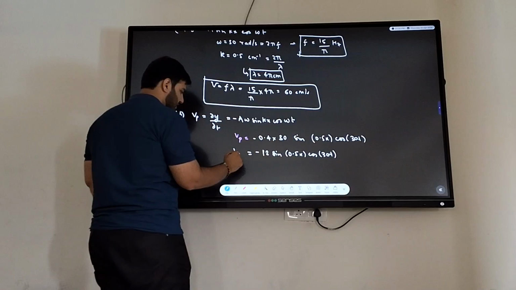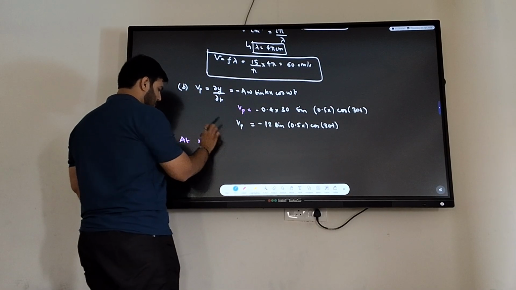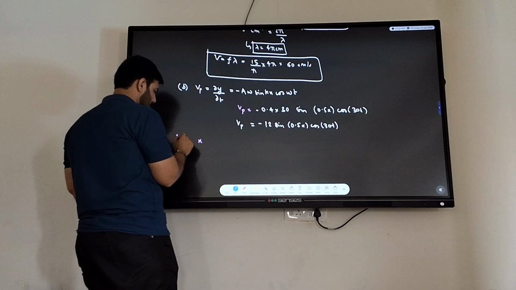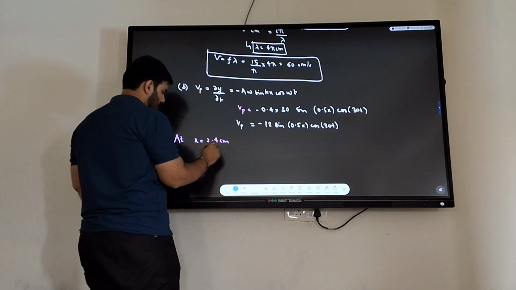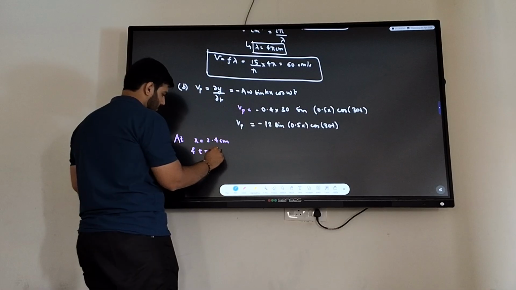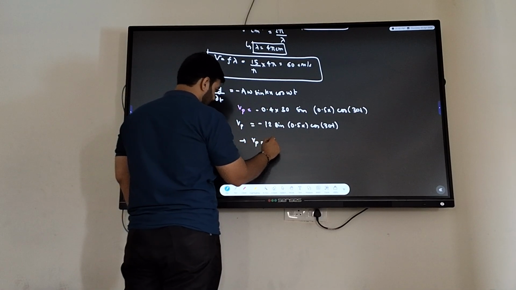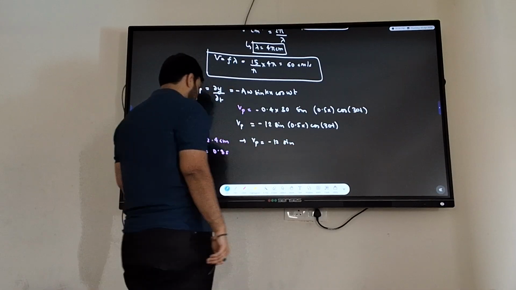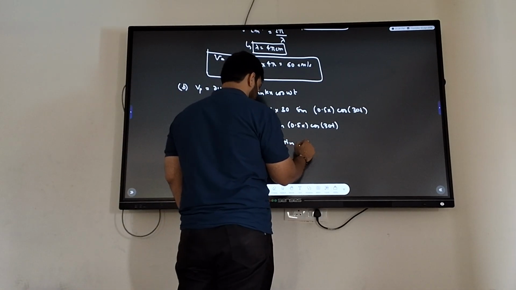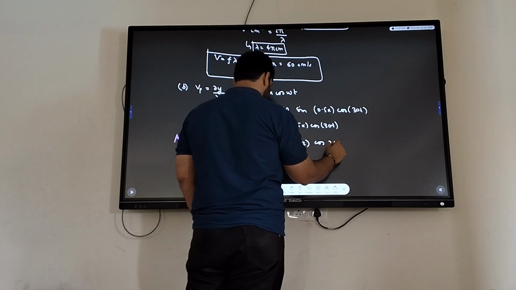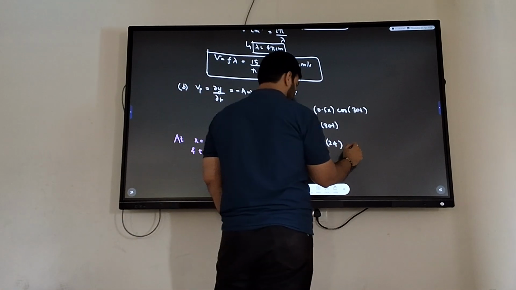Now they have mentioned some position and some time. At x equal to 2.4 centimeter and t equal to 0.8 seconds, what will you get Vp as? Minus 12 sin 1.2 cos, so 0.5 into 2.4 gives 1.2, no? cos 24, that will be centimeter per second, right?